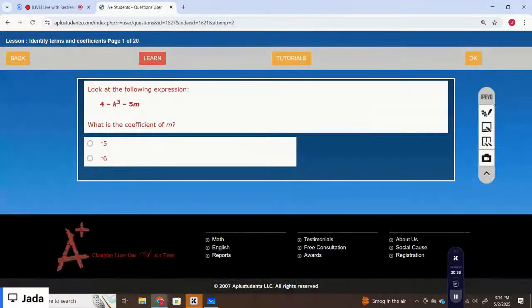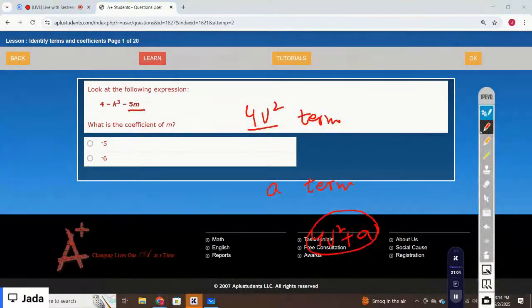Let's just start with the test questions. Look at the following expression: 4 minus k cube minus 5m. What is the coefficient of m? Here we have negative 5m, right?